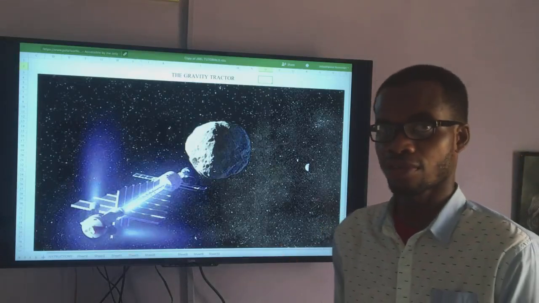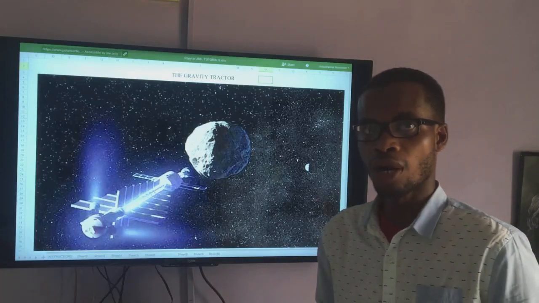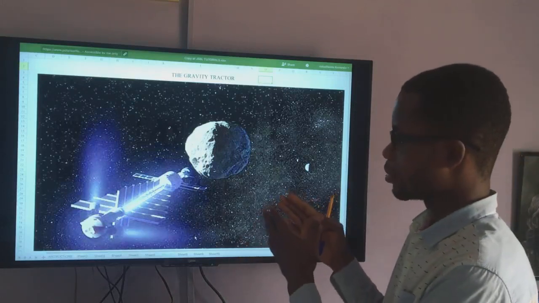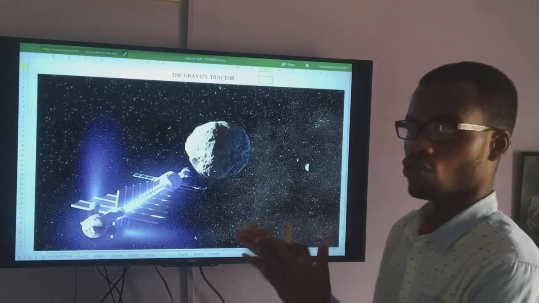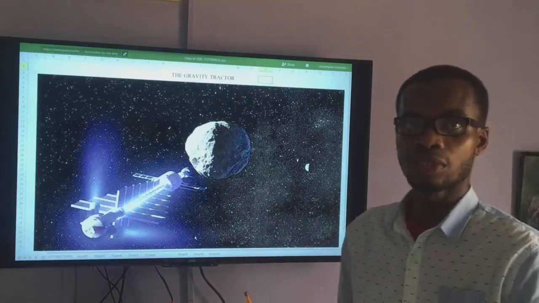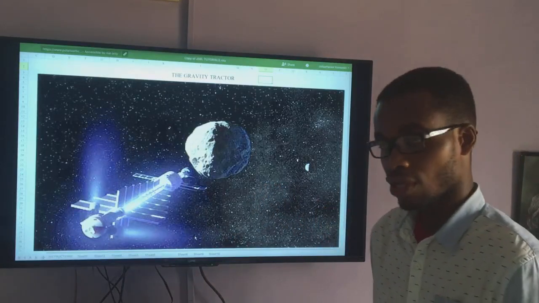They have conducted this research, and they've given a few ways by which we can deal with an asteroid that becomes a threat to the surface of the earth or to mankind here on earth. So if an asteroid is about to hit the surface of the earth, what can be done? That's what we are looking at.